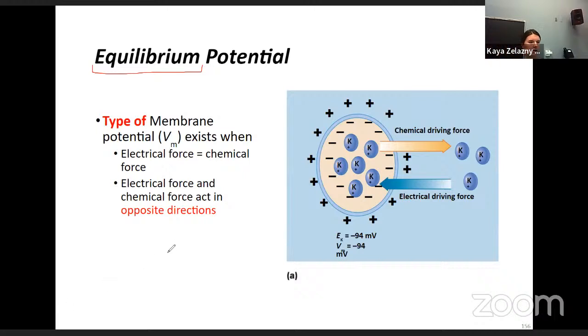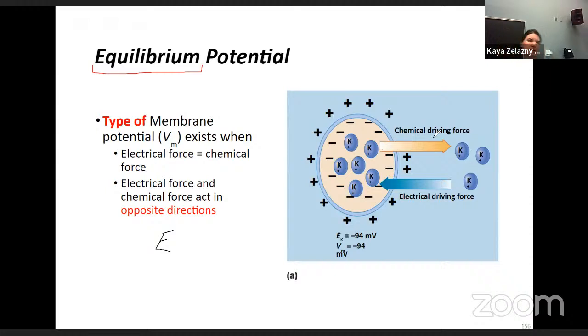So it's always written down as E something, right? So E for equilibrium potential. We're going to have a different one for each ion because this is summing together chemical driving forces, which have to do with the concentration of a specific substance.